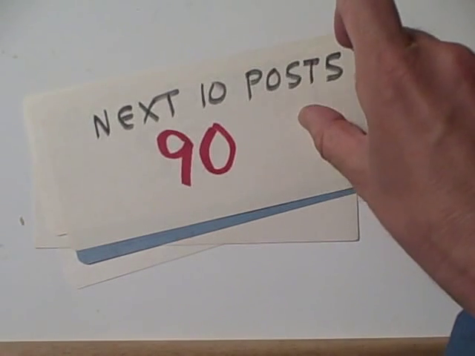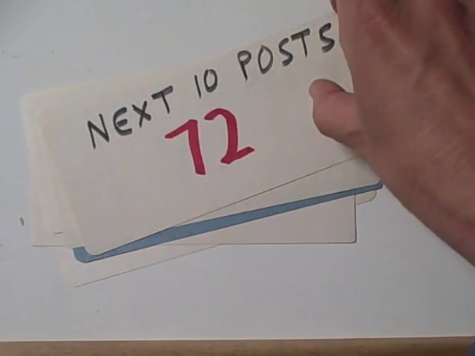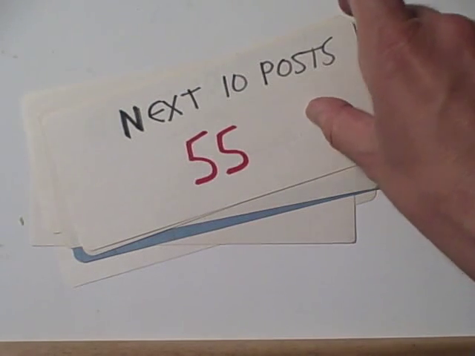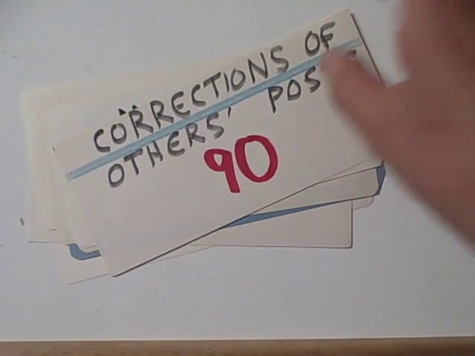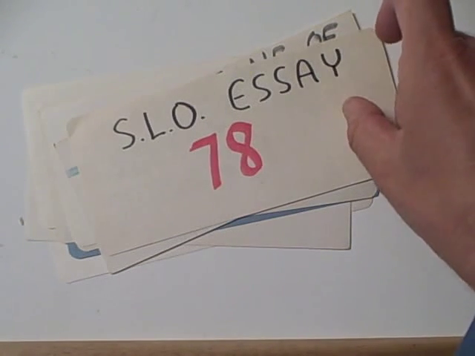Your next best 10 were all 9s. That would give you 90 points. Your next best 10 weren't quite as good, 72, and your last 10 in terms of the grade were not very good at all, only 55 points. Your corrections of other students' posts, your 10 best of those gave you 90 points. You wrote the SLO essay but didn't do so well, only got a 78.